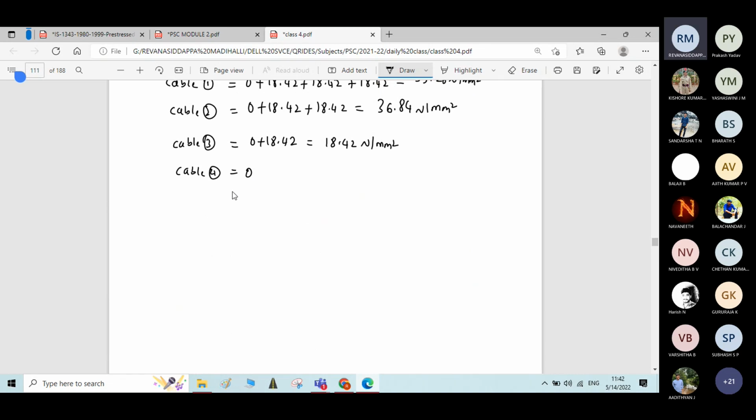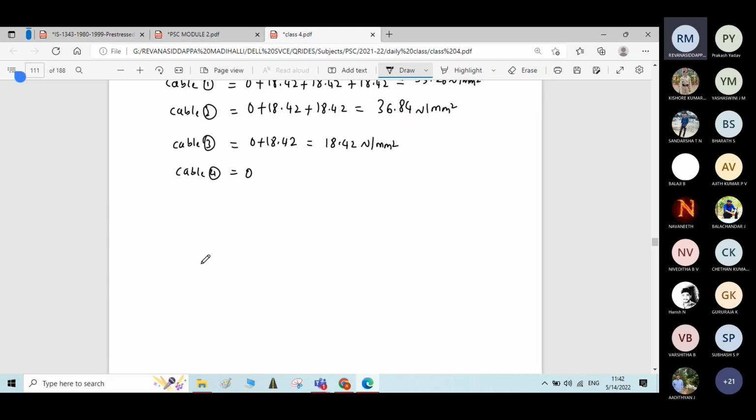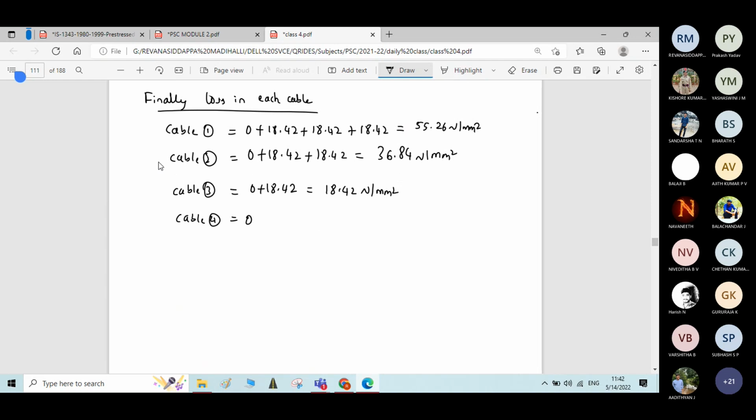Okay. But now, by knowing the loss of pre-stress in each cable due to elastic shortening, finally we have to calculate the average loss of pre-stress.